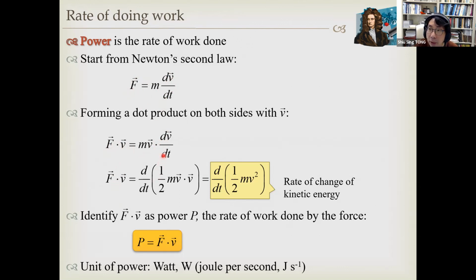Now, by the product rule of differentiation, v dot dv/dt is just d/dt of v dot v. You can consider this as v squared. It is not exactly a square, but it's a dot product between the two vectors. But the product rule will still apply.